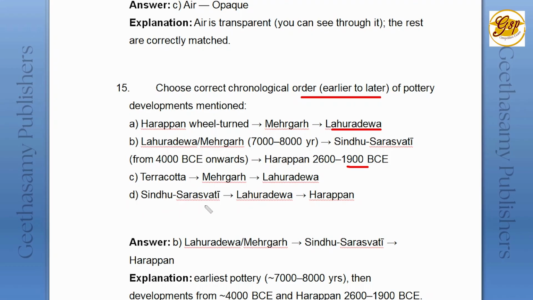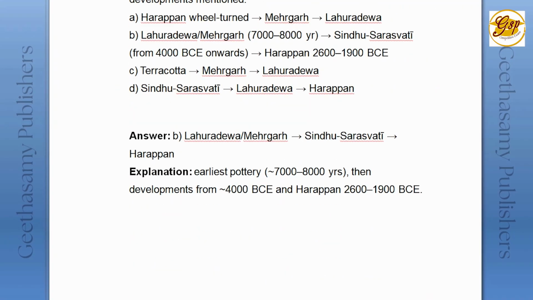D: Sindhu Saraswati, Lahuradeva and Harappan. So the correct answer is B, that is Lahuradeva, Mehrgarh, Sindhu Saraswati and Harappan. Explanation: the earliest pottery is 7000 to 8000 years old, then the development from 4000 BC, then Harappan 2600 to 1900 BC, the last one.